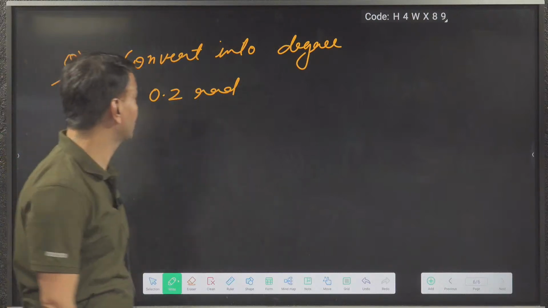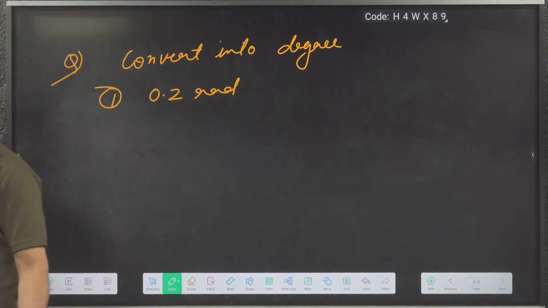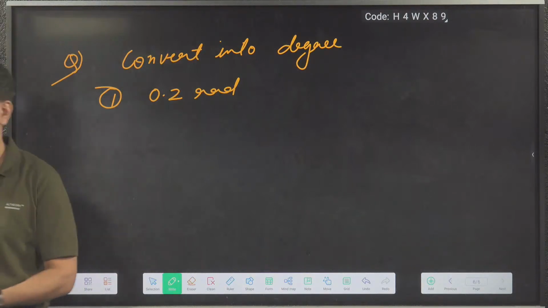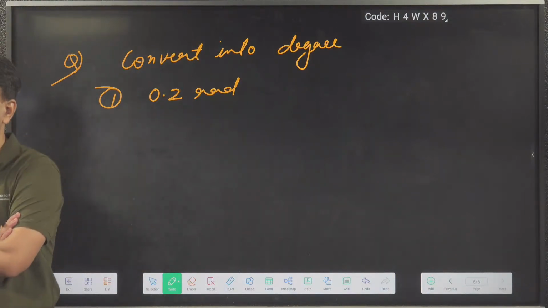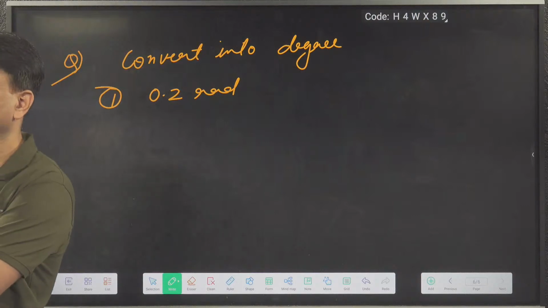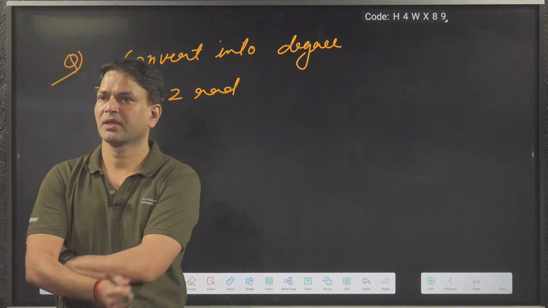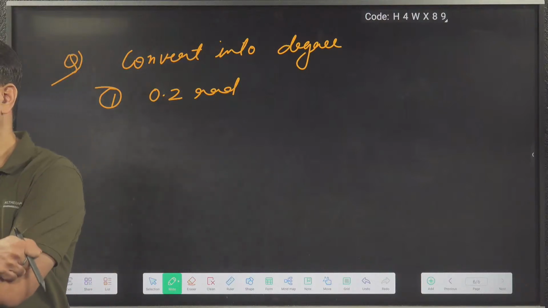Tell fast. Convert into degree. I gave 0.2 radian. What is the value in degree? Radian to degree you have to convert. What will you multiply?